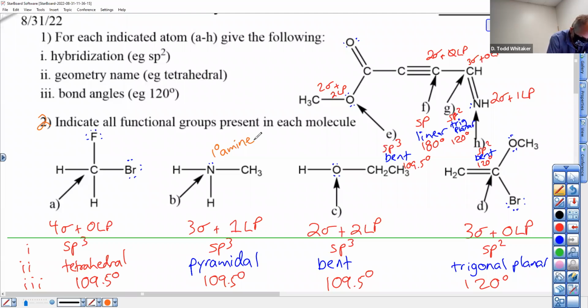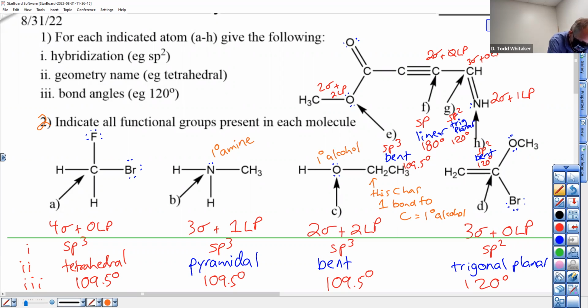Now this one, this C has one bond to C, so it's a primary alcohol. Primary alcohol.